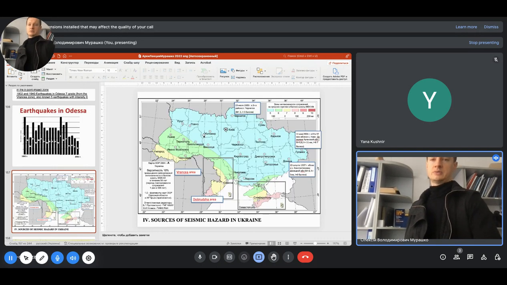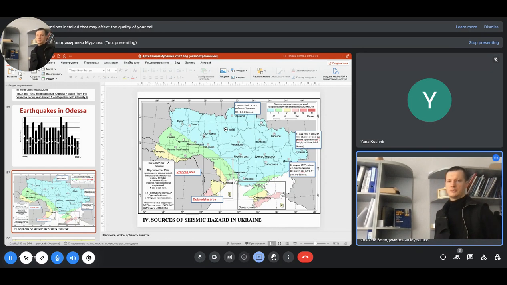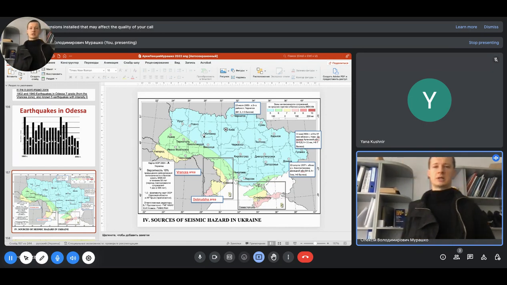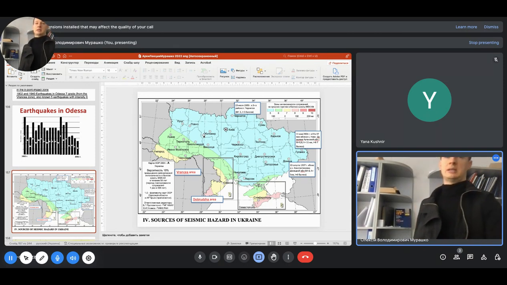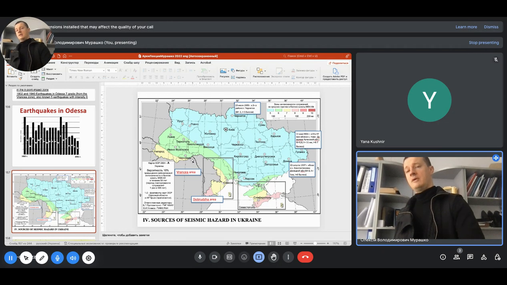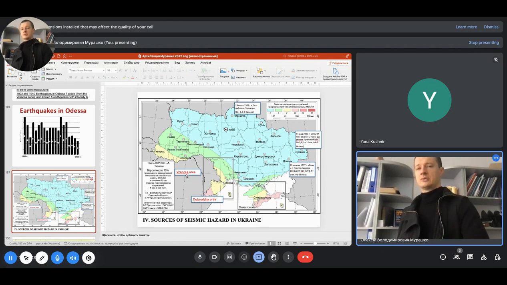And here are the sources of earthquakes in Ukraine. First of all, we have to know that the biggest hazardous earthquakes to Ukraine come to us from Romania, from the Vrancea area, and also the Dobruja area, and Crimea earthquakes.